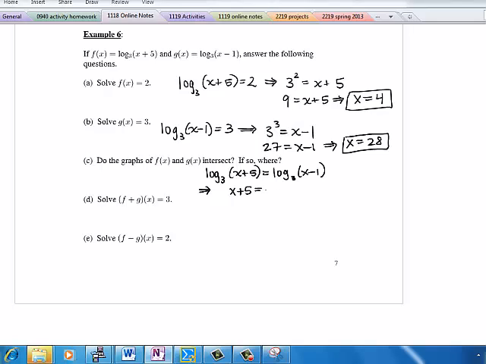Again, I'm not dividing by log base 3, I'm just saying if these functions are the same, since they have the same base, the inputs would have to be the same. And if I subtract x from both sides, I get 5 equals negative 1, which is a contradiction. So there are no intersection points.